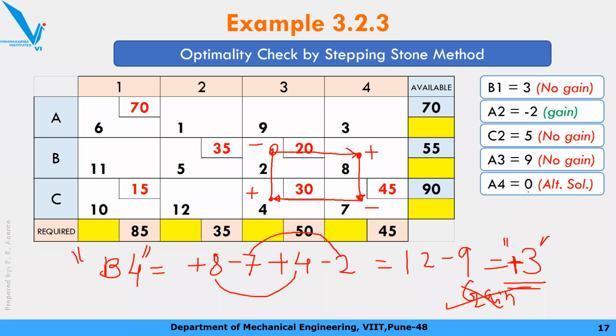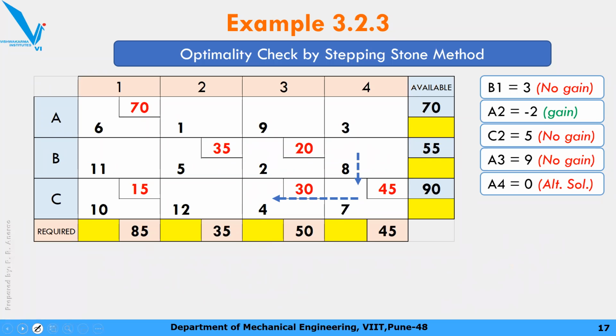We should seek a negative improvement index. So this way you jump, assign signs, and calculate the improvement index. B4 will be equal to 3. This represents there is no gain.